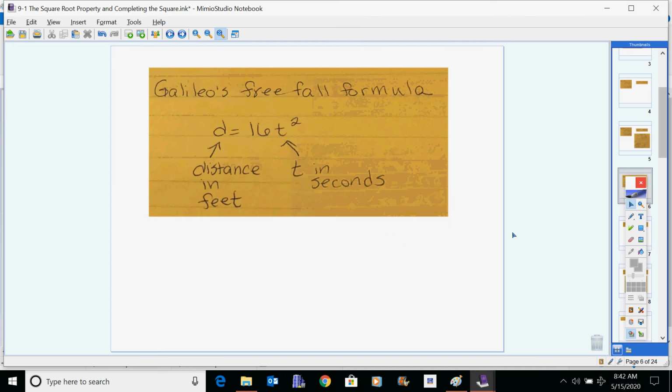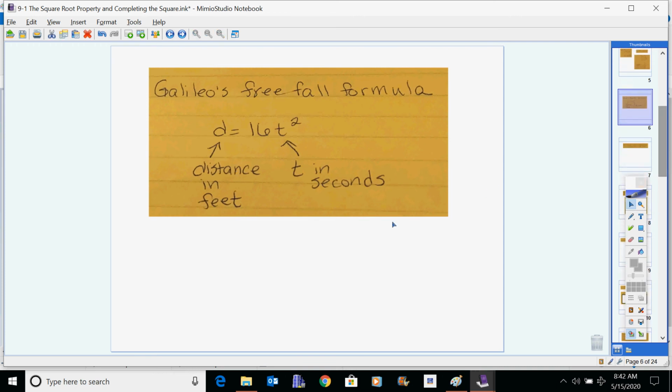Now, this moves on to a more practical type of formula, and when you use word problems, you do have to make sure that your answer finally makes sense in the end. Now, in physics, we use a formula from Galileo dealing with free fall, and it has to do with the rate of fall and the time squared.